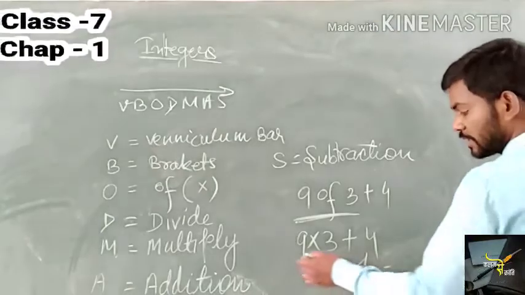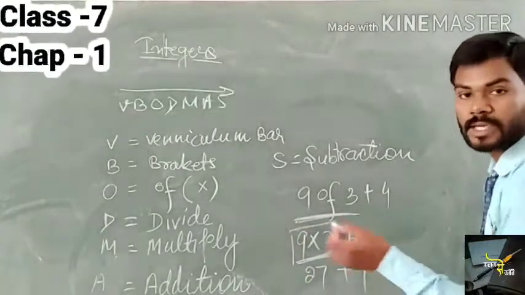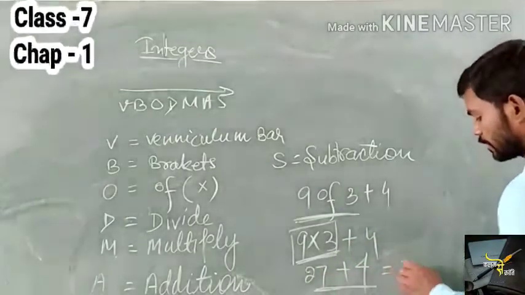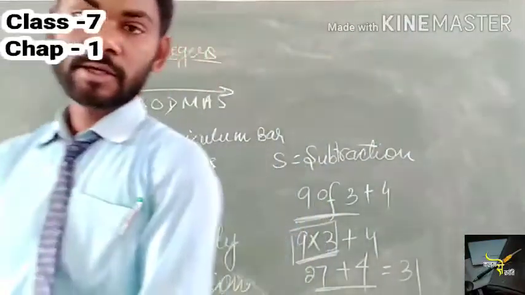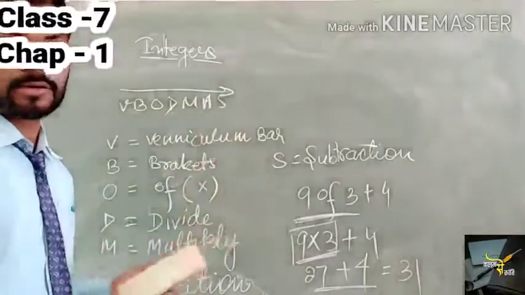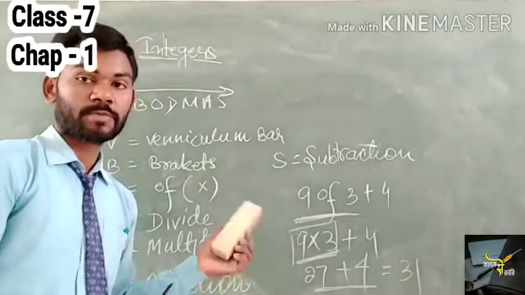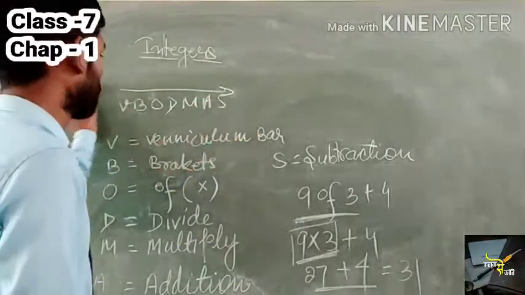First we multiply 9 and 3, and at last we add, and here we get 31. Similarly, we follow the rule in the order given here. Now let us see a question based on this rule.